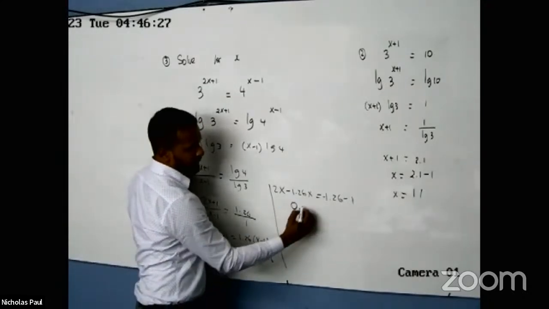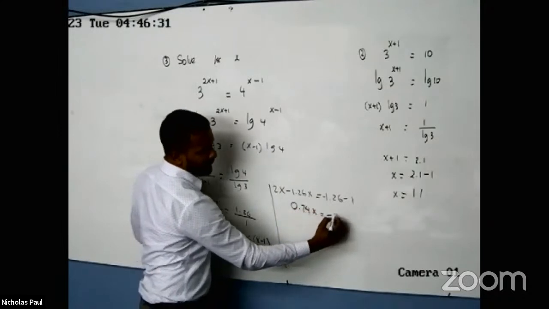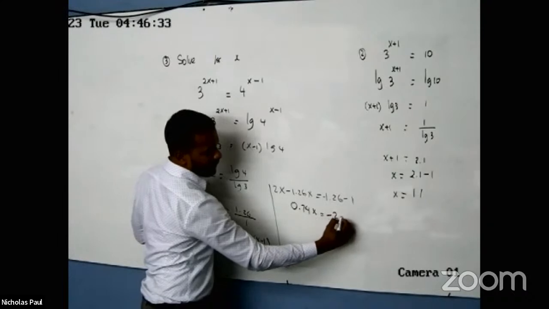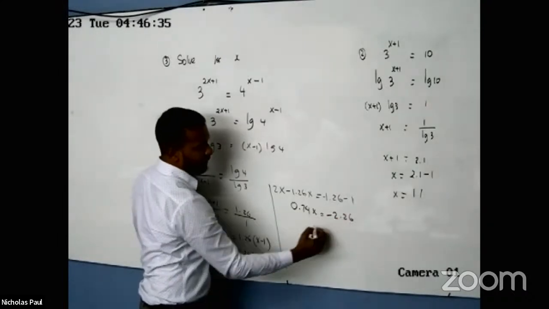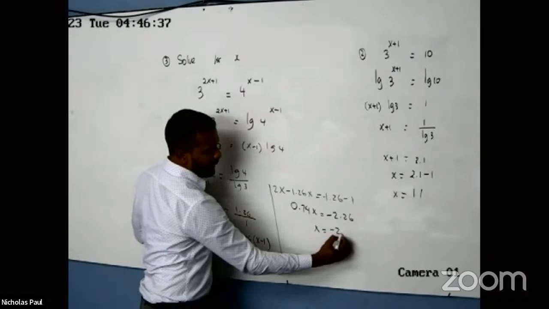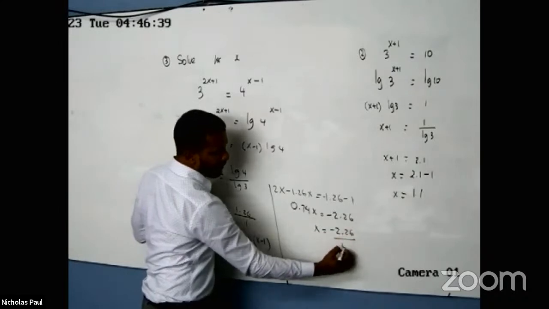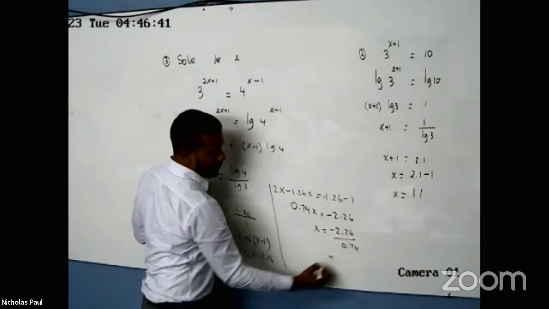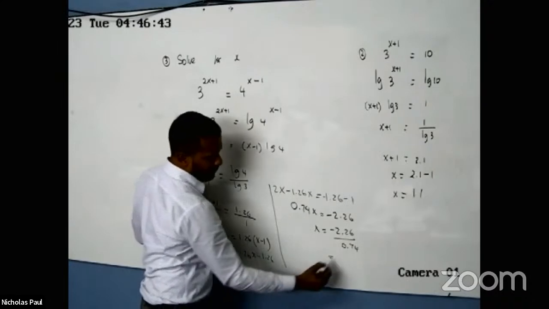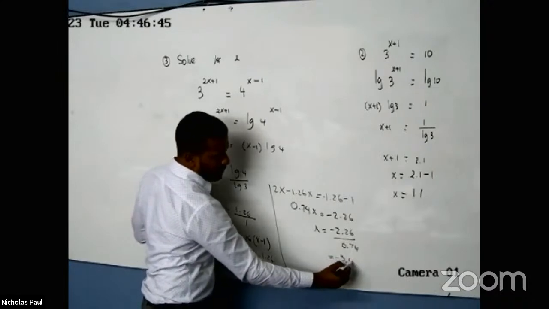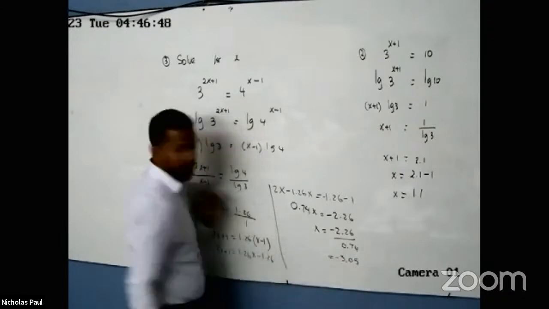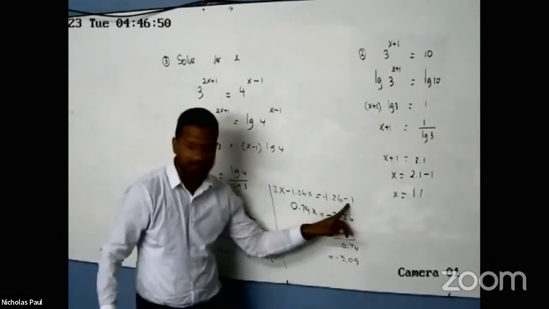So this will be 0.74 is equal to minus 2.26. Carry this here. X is minus 2.26 over 0.74, which is 3.05. Right? The mistake you made was in the sign.